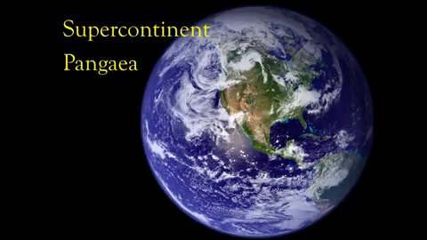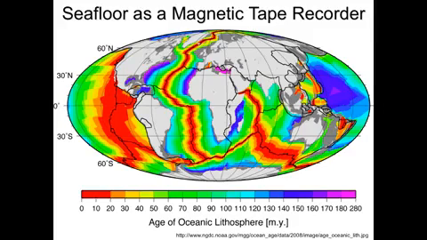In this lecture, I want to talk about the supercontinent Pangea. We've seen this graphic before. This indicates the age of the seafloor as measured by both the magnetic stripes, determined as a result of radioactive dating and the paleomagnetic anomalies that we see on the ocean floor.